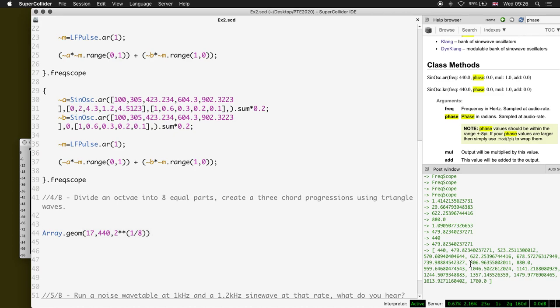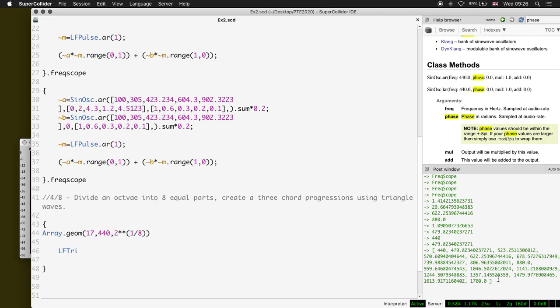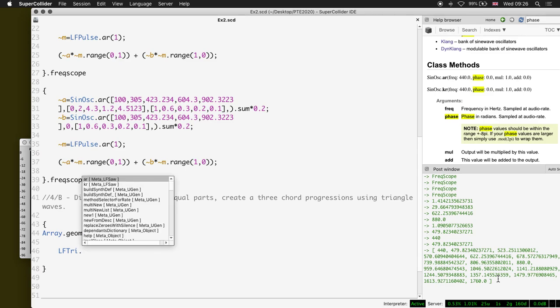Okay, so the task here would be to create some harmonies here. So obviously you could pick these numbers, put them into different triangle waves, but I'll do something potentially more exciting. So what I will do is I will first of all create the triangles. I've learned yesterday that there are no band-limited triangle waves, although I might be wrong.